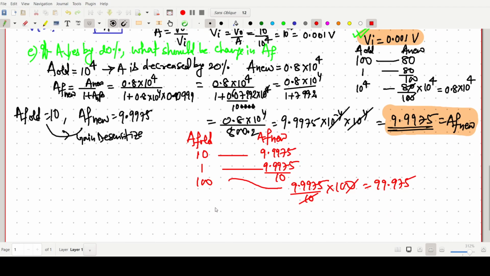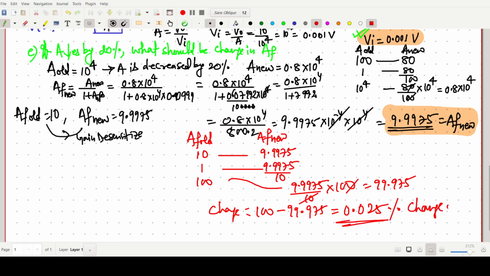So how much change is there? So change will be 100 minus 99.975. So if we solve, I think 0.025. So 0.025% change in AF only.